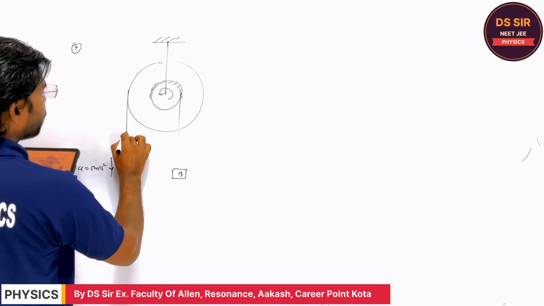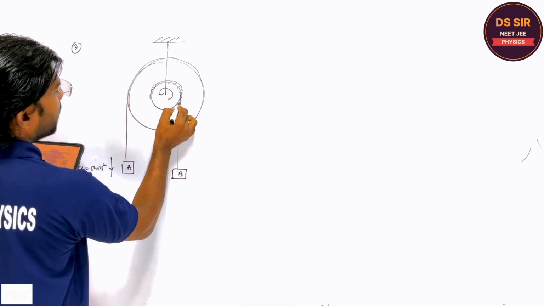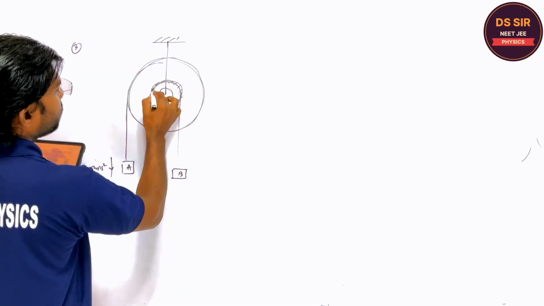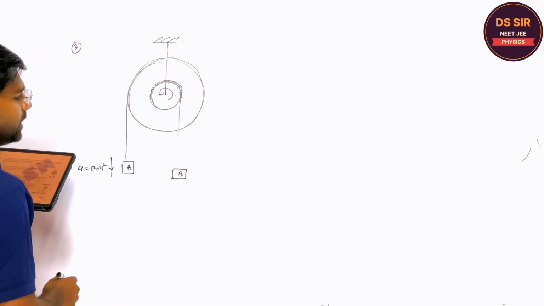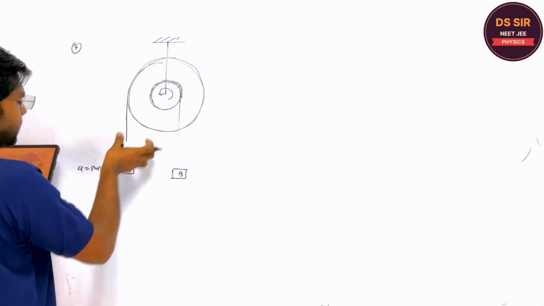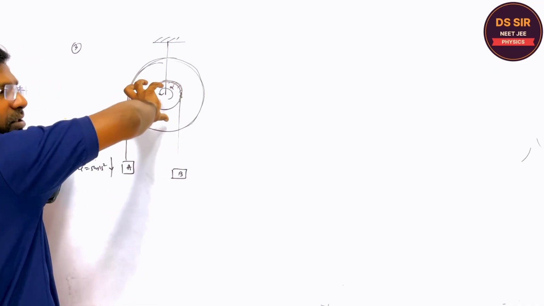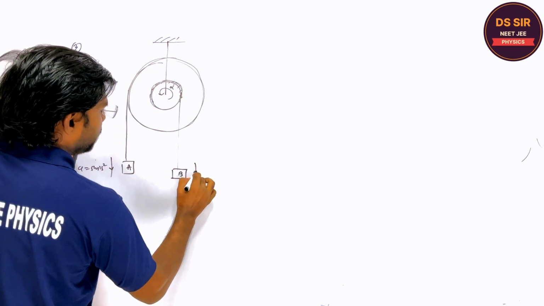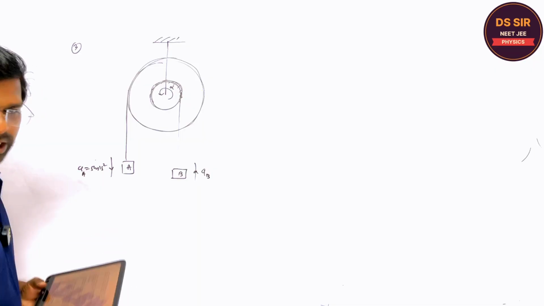This string is wrapped over this system, like this, and this string is wrapped over this small pulley. This is the pulley over pulley, right? So if this is the acceleration A, it means the pulley is rotating like this. So the B is moving with the acceleration B in this direction. Is it clear or not?